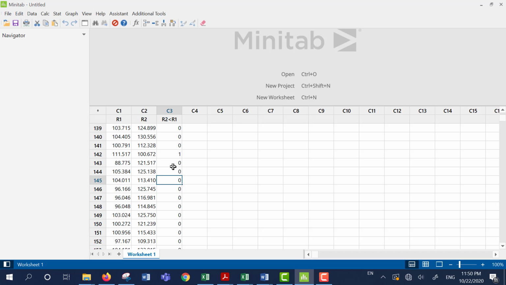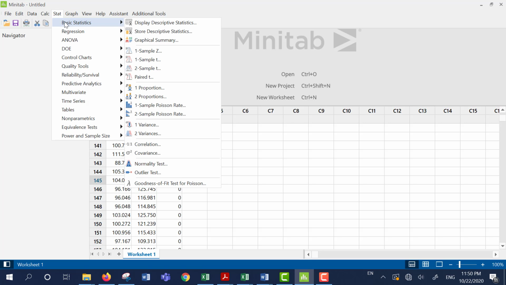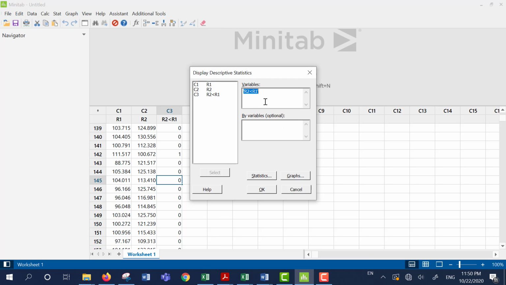The proportion I have 1 is very close to the true probability as a long run relative frequency. So we can display the basic statistics for the column R2 less than R1.